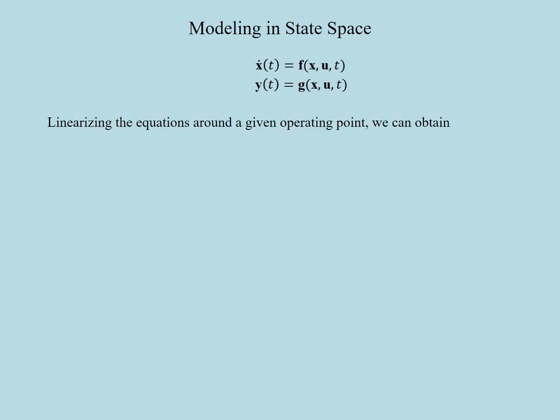However, they can be linearized around a given operating point so that you can write them as x dot of t equals A of t x of t plus B of t u of t, and y of t equals C of t x of t plus D of t u of t.